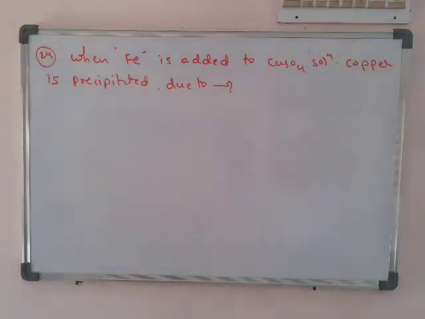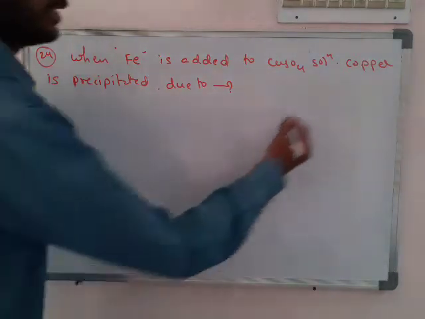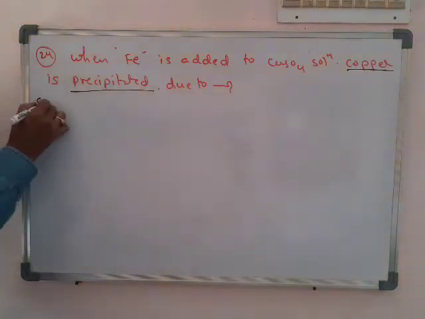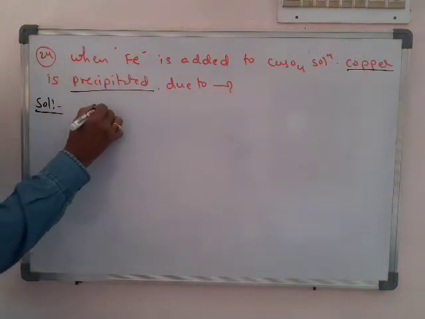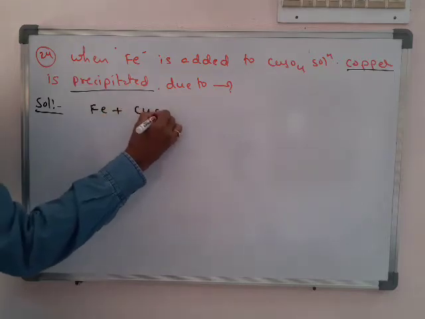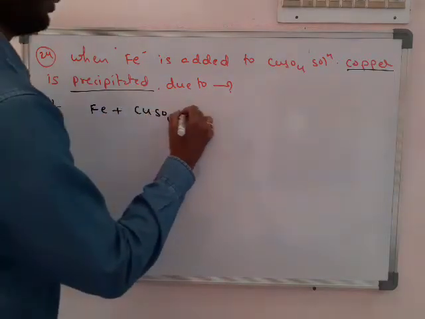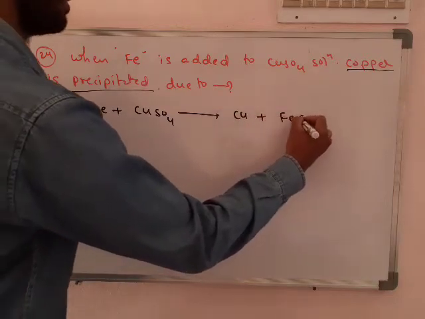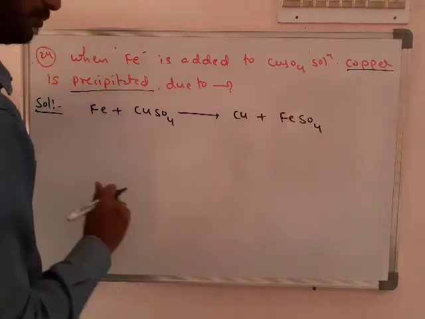So here we have to know the reaction between iron and copper sulfate. It is given that copper is precipitated. First we see the reaction: iron added to aqueous copper sulfate solution forms copper precipitate and FeSO4.